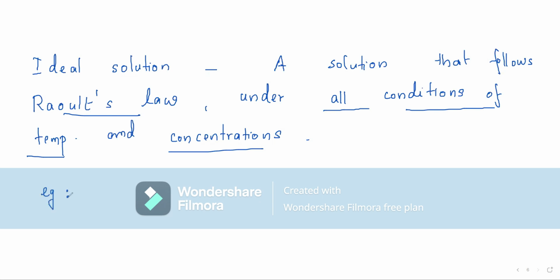There are certain examples for ideal solutions. One is a mixture of normal hexane with normal heptane. Another example which you can easily remember is benzene with toluene.